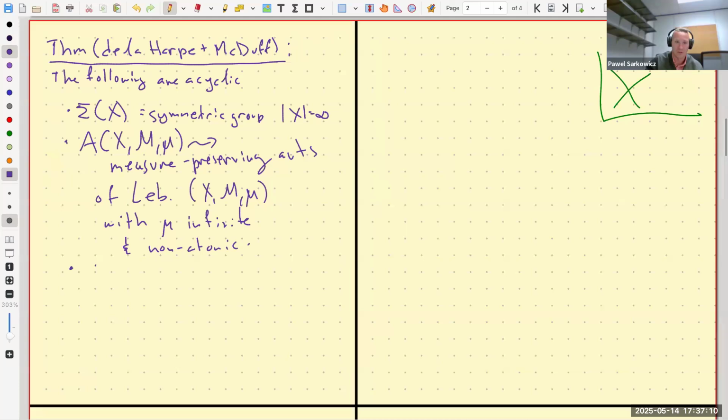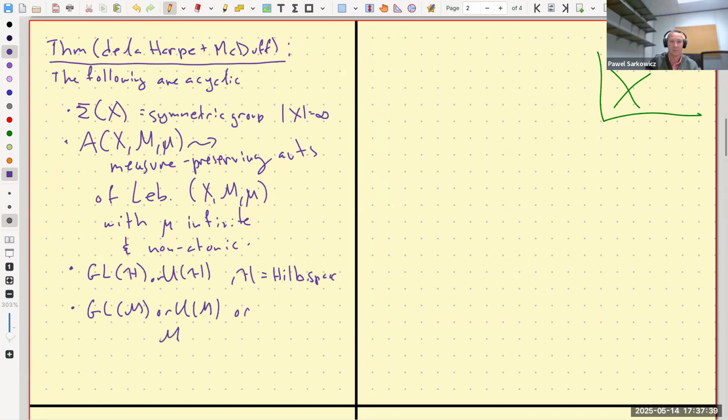And this is true. So if you look at GL(H) or the unitary group of H, for H a Hilbert space, these are acyclic. And also, if we look at GL(M) or U(M) for M a properly infinite von Neumann algebra, this is also acyclic.